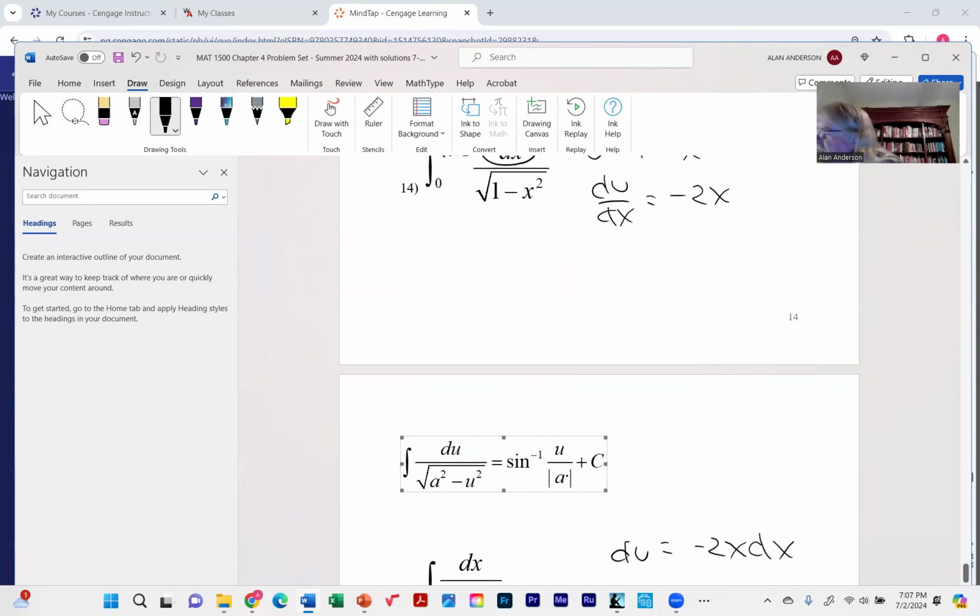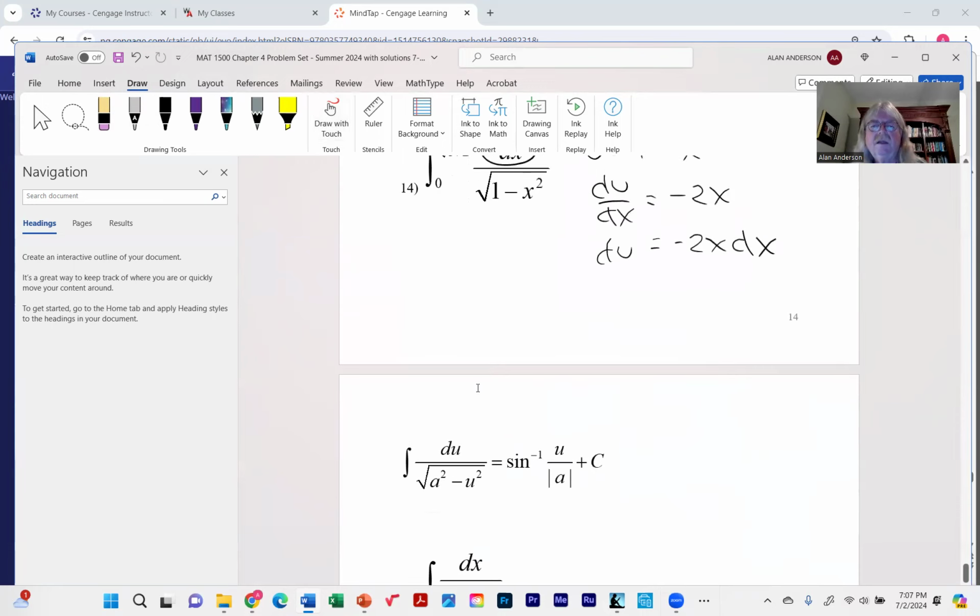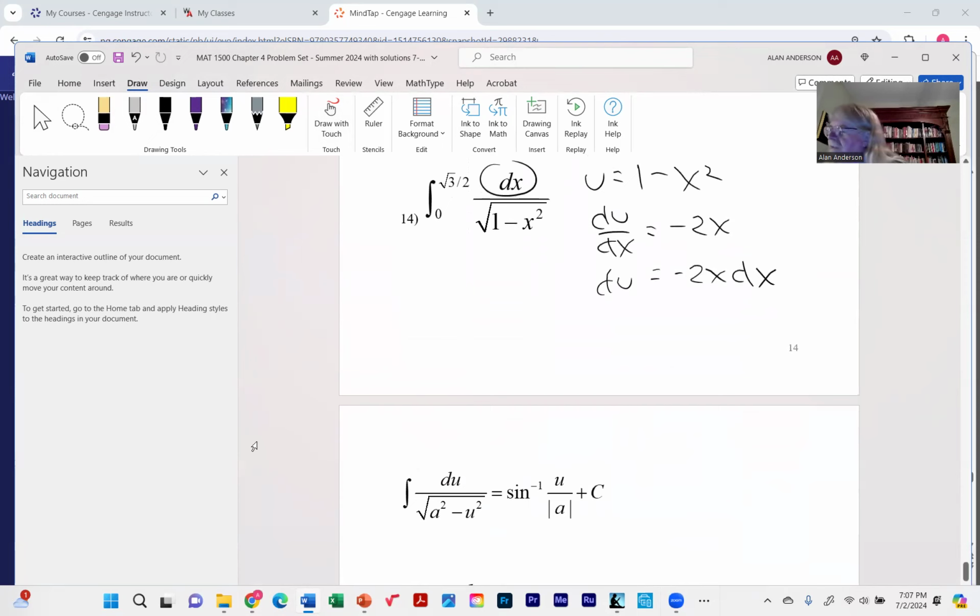Okay, and then this got moved in here. Hold on. All right. So if you look at these together, you can see that if this is a squared and this is minus u squared, that implies that a is 1 and u is x.